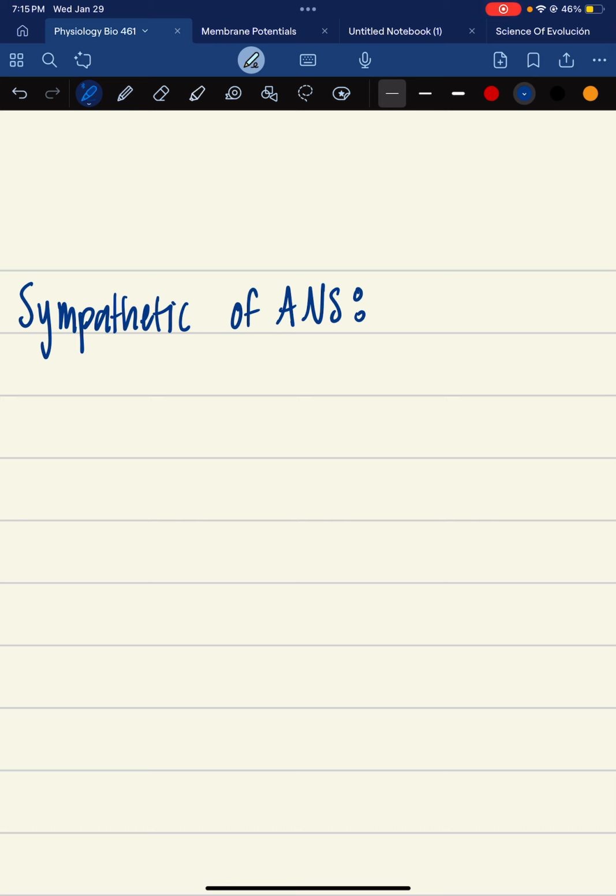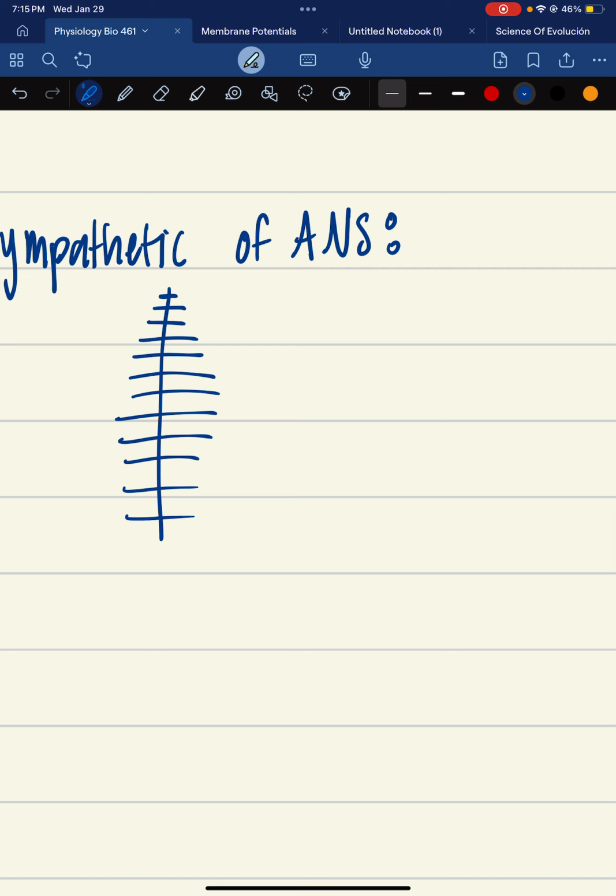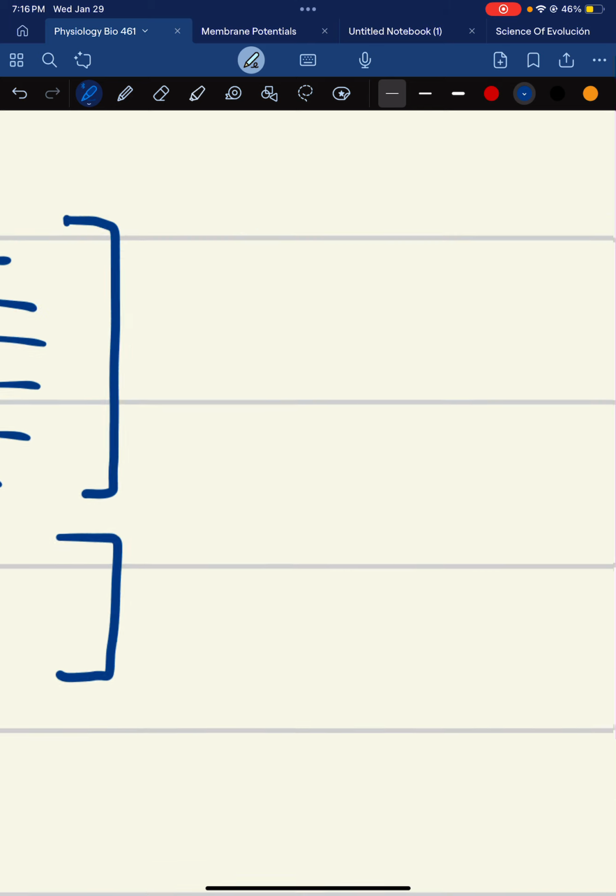So first, the origin. It is where the thoracic and lumbar regions of the spinal cord are. So basically this is the spine, right? And then this is the lumbar.